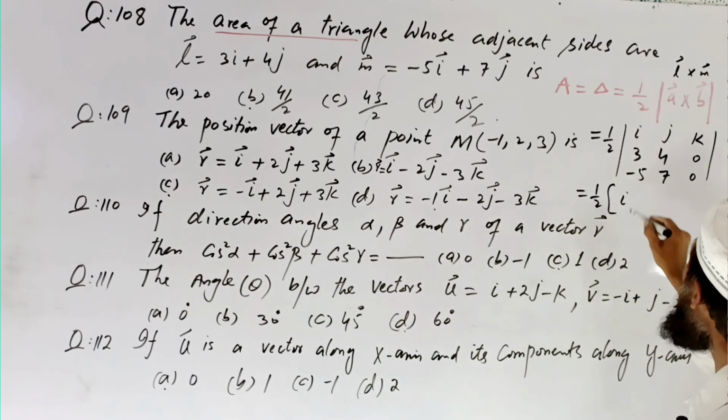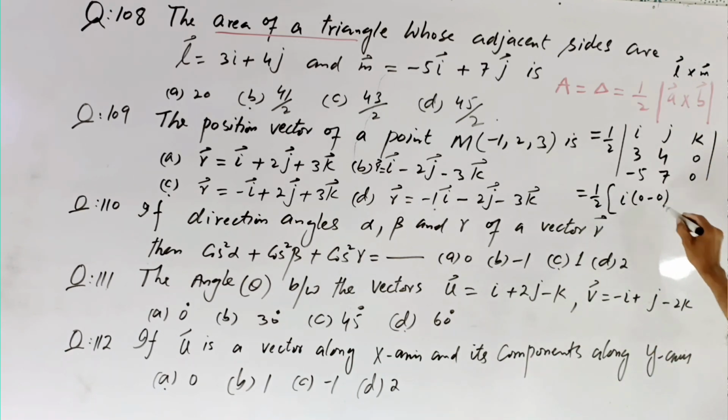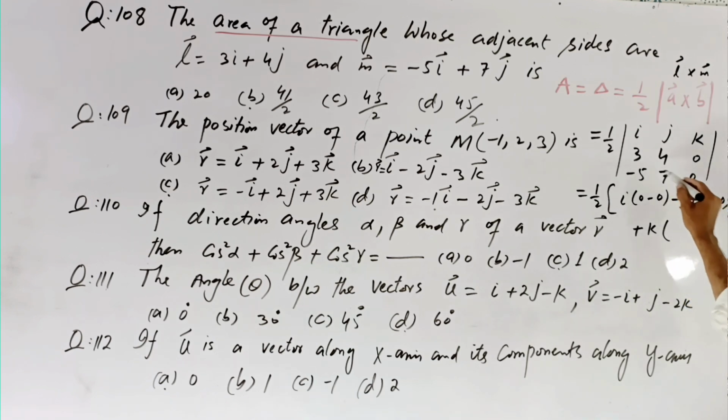Expanding by the first row, first column, this will be 0; minus j, second column, this will be 0, 0 minus 0; and third, plus k. So we get here 21 minus into minus plus 20.